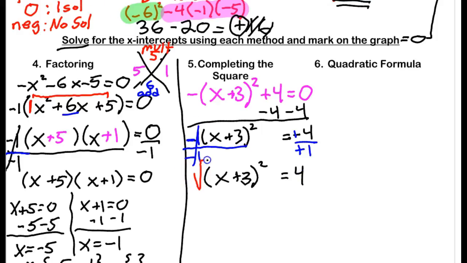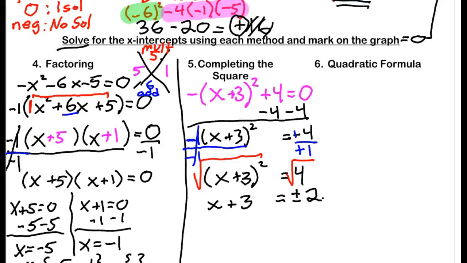Put the square root of both sides. x plus 3 equals, and the square root of 4 is plus or minus 2.